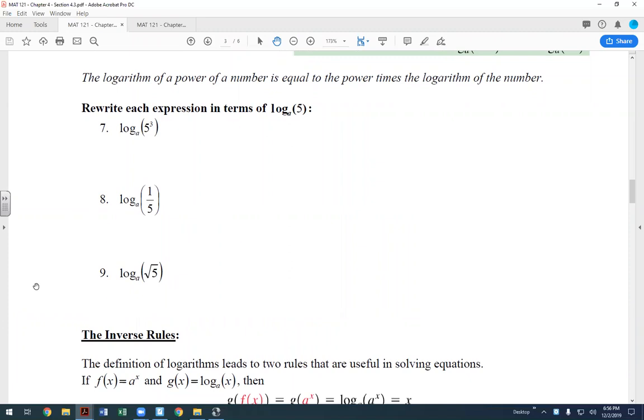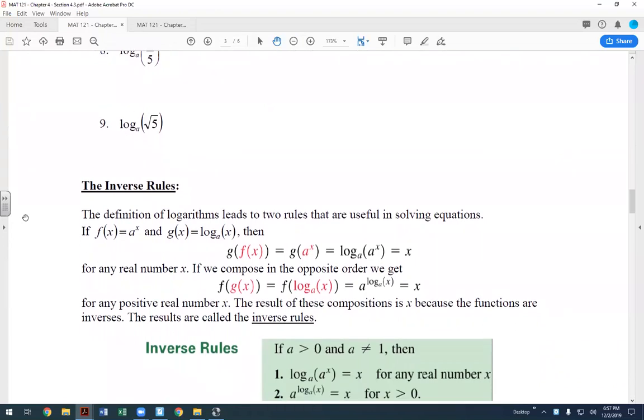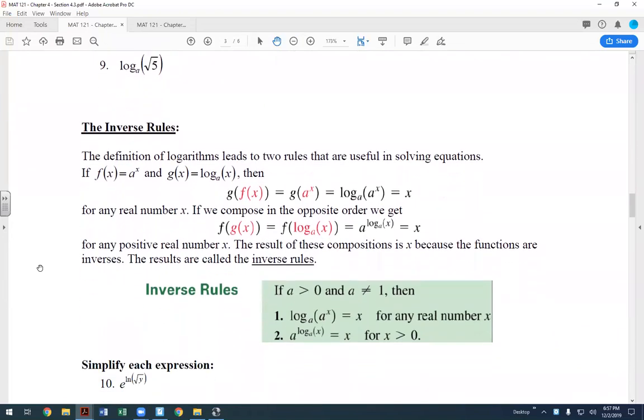So product rule, quotient rule, power rule. Okay, these will be three of the main ones, but then we actually also have inverse rules. And inverse rules actually work with what happens if we take a composition between exponential and logarithmic functions. And this was, I think, back in section 2.5 where we discussed inverse functions the first time.